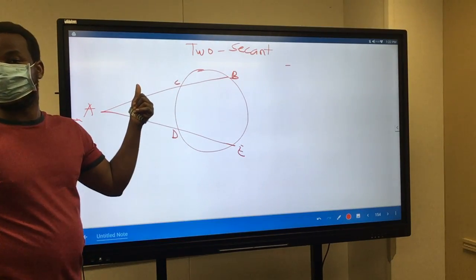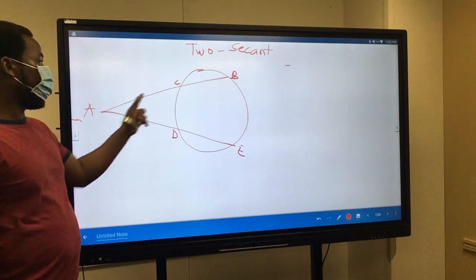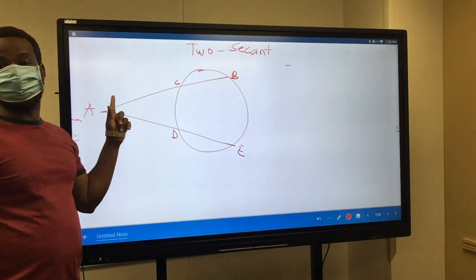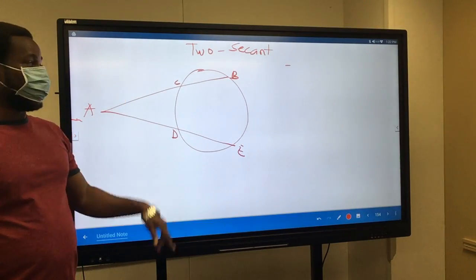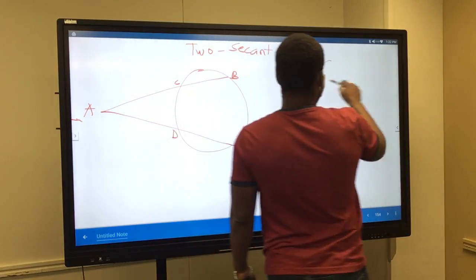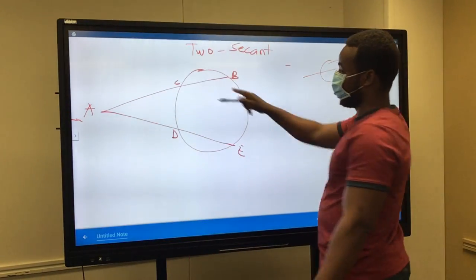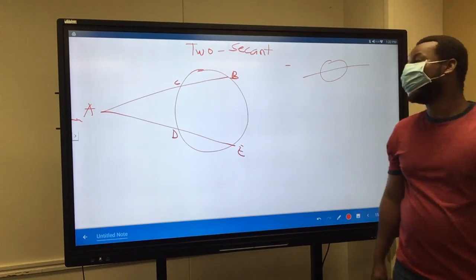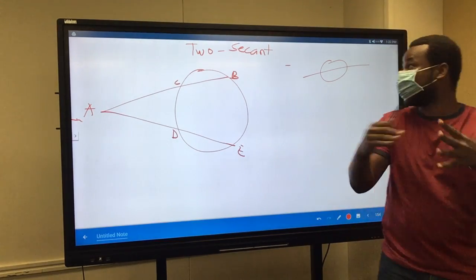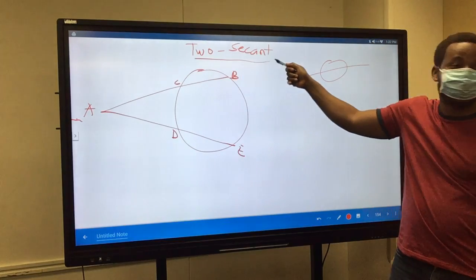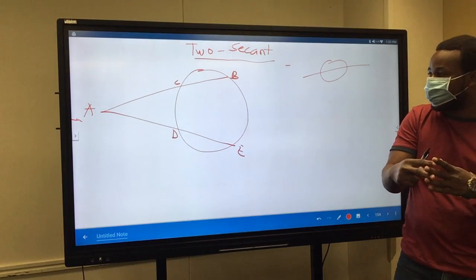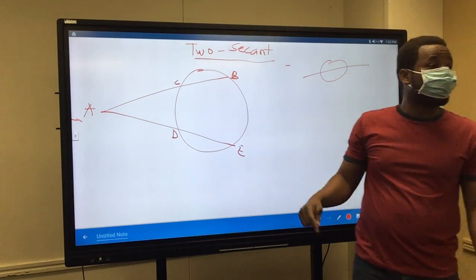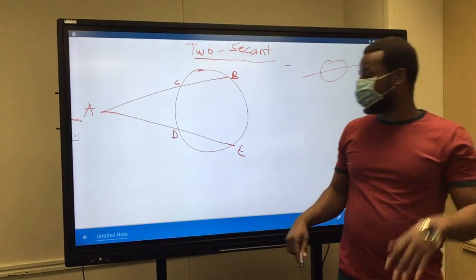Remember that if you have a line like this, it is called a secant. Now you remember. So if there are 2 secants and they meet outside, if you want to find one of the lengths, this is what you do.